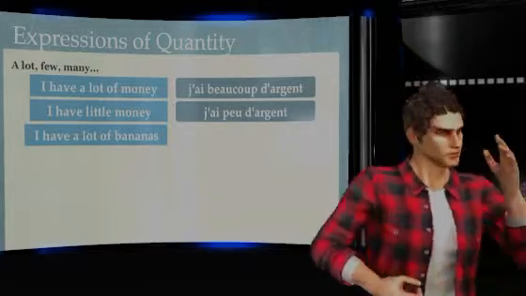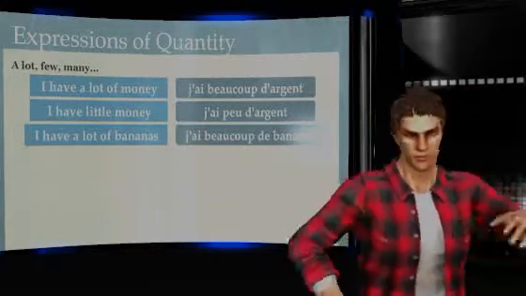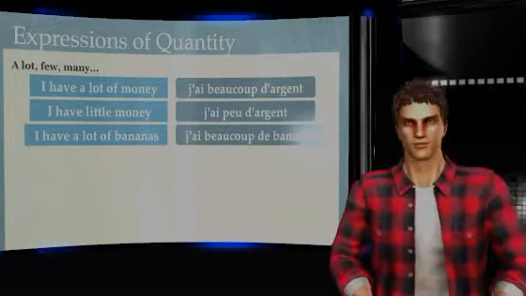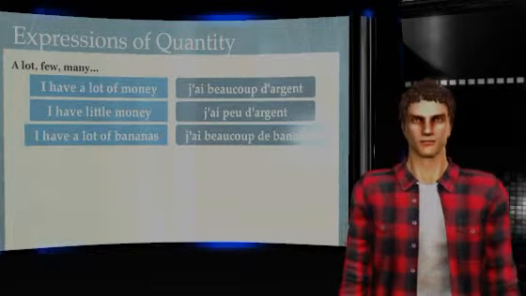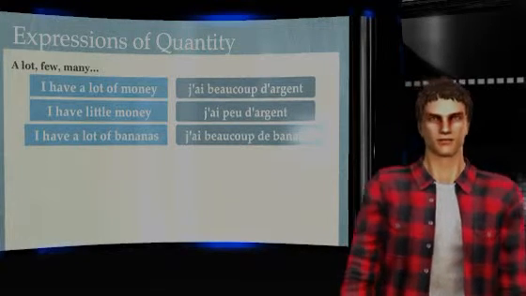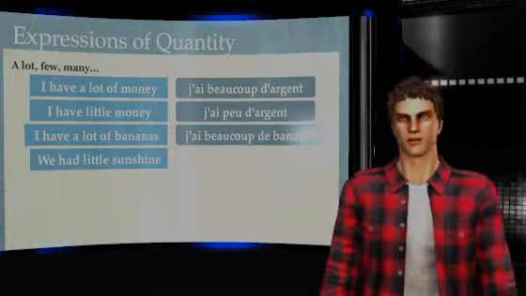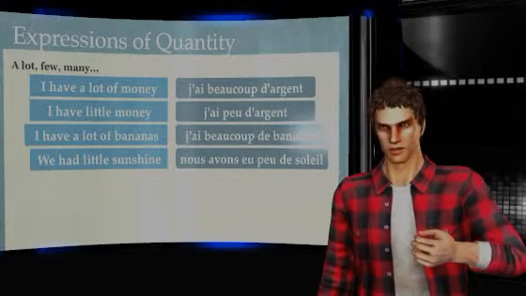I have a lot of bananas. J'ai beaucoup de bananes. Banane is a feminine word, but as you can see here, there is no definite article. We don't say j'ai beaucoup des bananes. We say j'ai beaucoup de bananes because it's an expression of quantity. We had little sunshine. Nous avons eu peu de soleil.